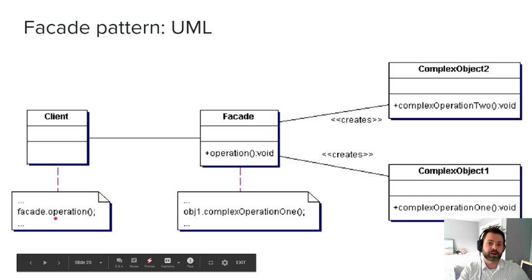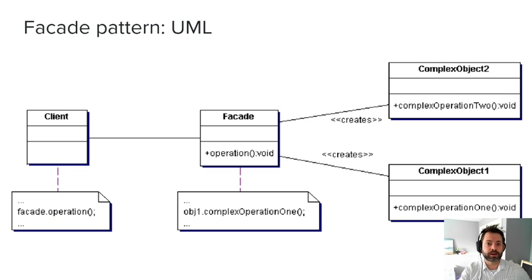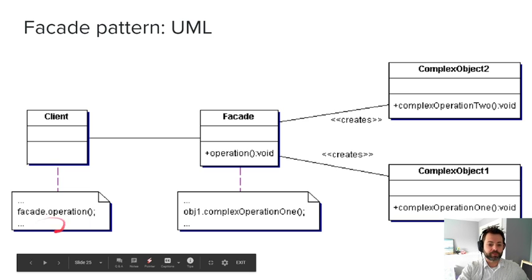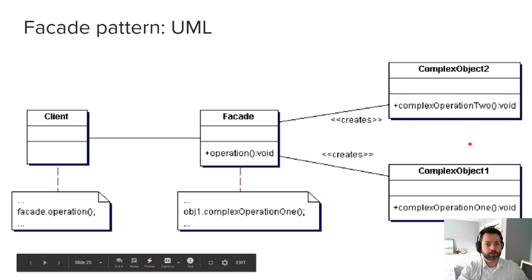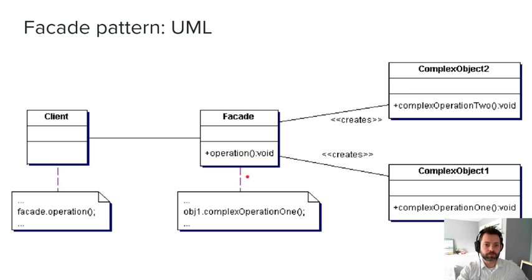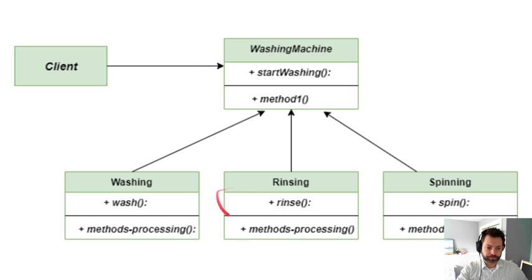This could be get data, set data, update user, whatever it's going to be. But the client only ever calls operation. Operation then figures out, well, which subsystem do I call? Here the facade has a create relationship with all these various subsystems, and they're going to be specialized in their subclasses, but the facade would route that, if that makes sense.